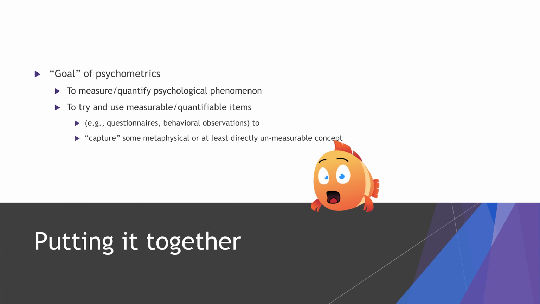Spoilers. So recall that the goal of psychometrics is to measure or quantify psychological phenomena and to try and use those measurable and quantifiable items, such as questionnaires and behavioral observations, to capture some metaphysical or at least something that is not easily measurable, at least directly.